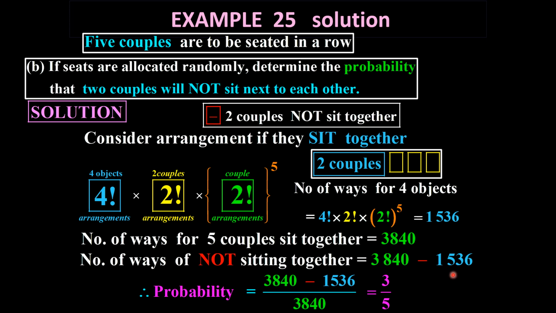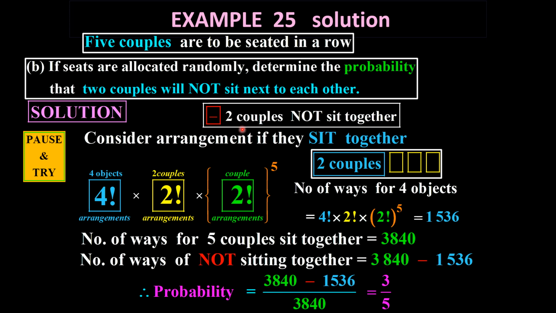So if I calculate that, I can keep it like that. So it's that over the total number of ways in which they can sit, right? And if we simplify that, it's 3 over 5. You can calculate that, or you can just leave it in that subtraction form. I just wanted to show you that that is actually this value here, right?